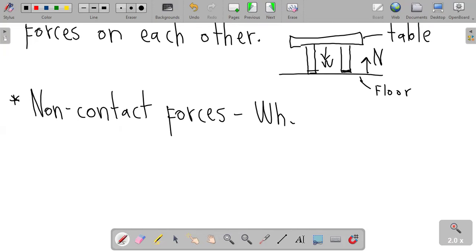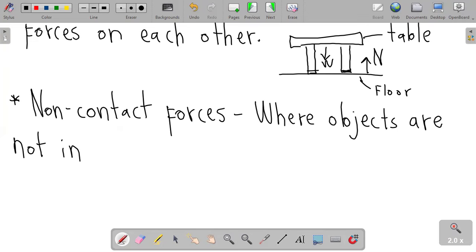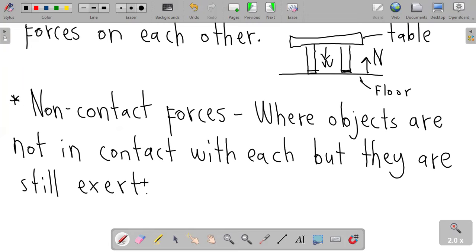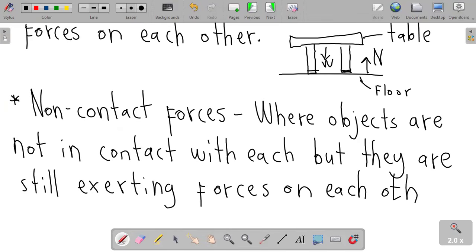So in this case, the objects are not in contact with each other, but they are still exerting forces on each other.